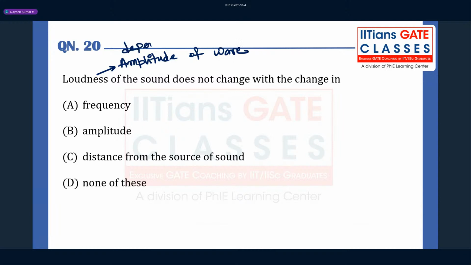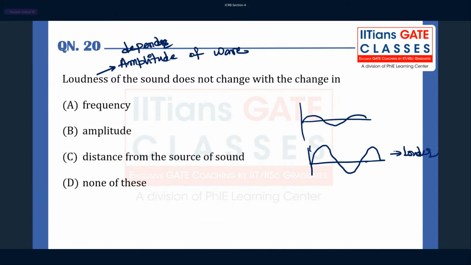Amplitude in the sense like this: this is one wave, this is another wave, right? So this is louder, more loud. Okay? So obviously loudness will depend upon amplitude, but they're asking what doesn't change.